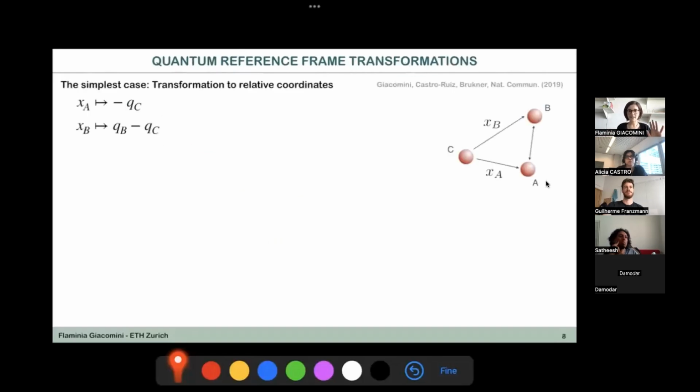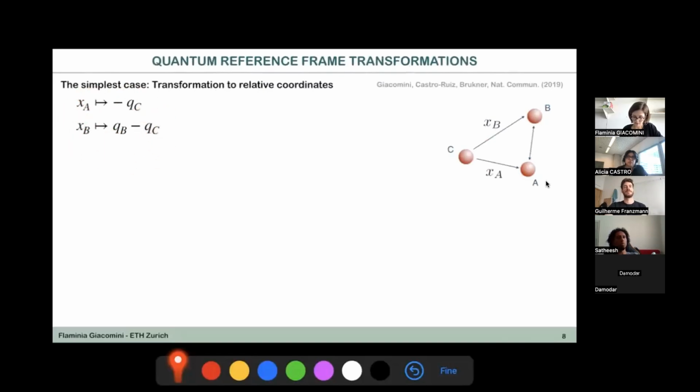So let's see first the reduced picture, which at least in my intuition is the more intuitive one, but then we're going to check that this is going to be the same also in the other way. So let's start from ABC, and in particular from the perspective of C, who assigns some position XA to A and some position XB to B. Now, if we just invert this vector relation to describe everything by putting A at the origin, we know that we have to perform this change of coordinates.